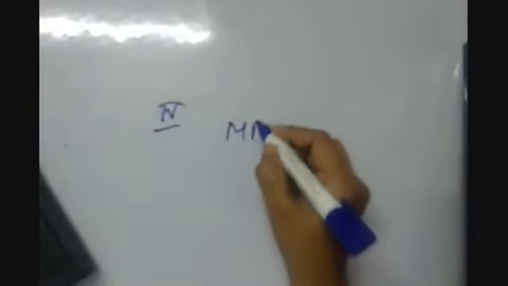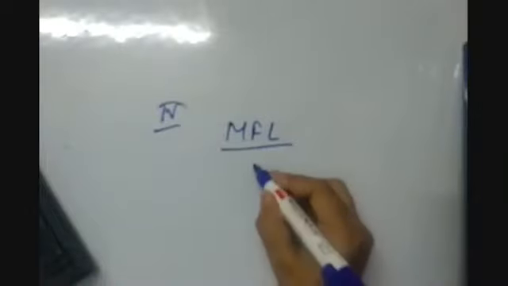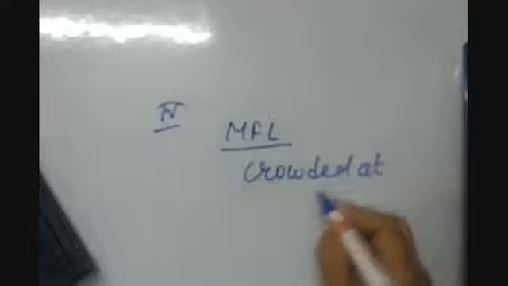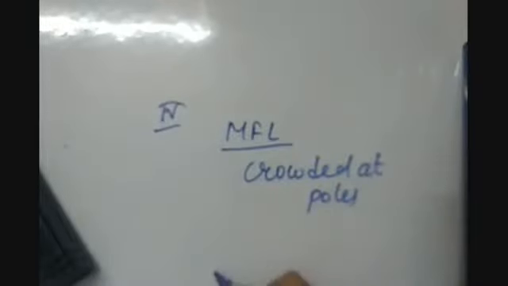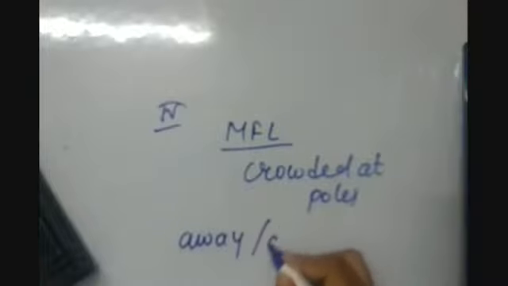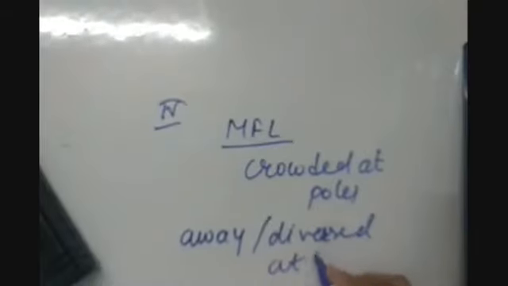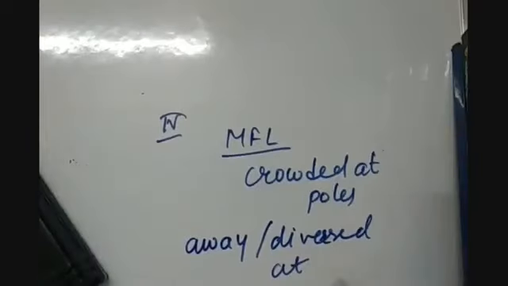And the fourth property is that magnetic field lines are crowded at poles and diverged away from the magnet.